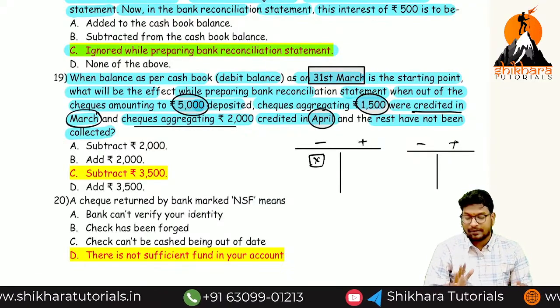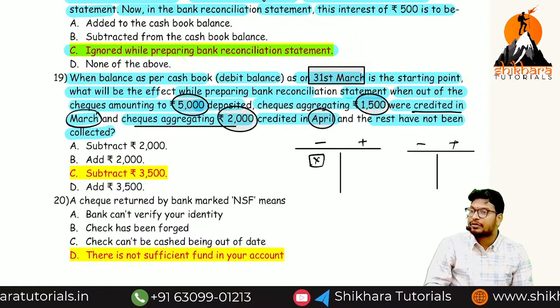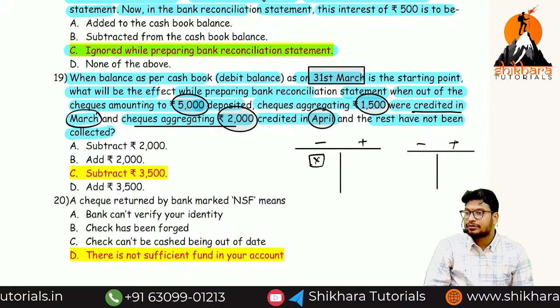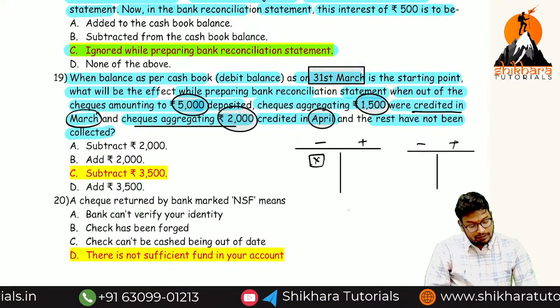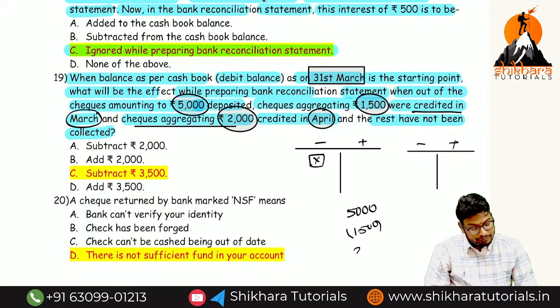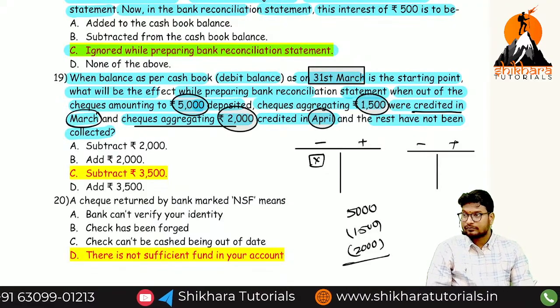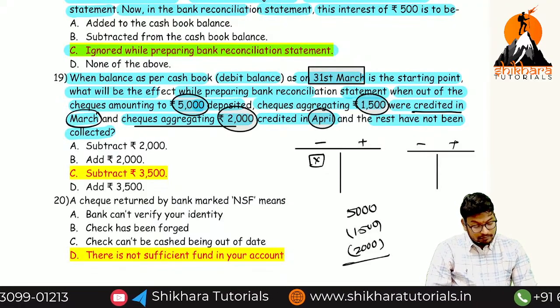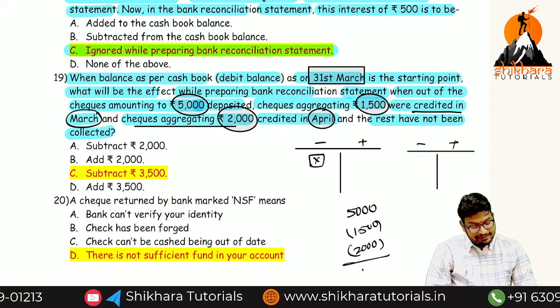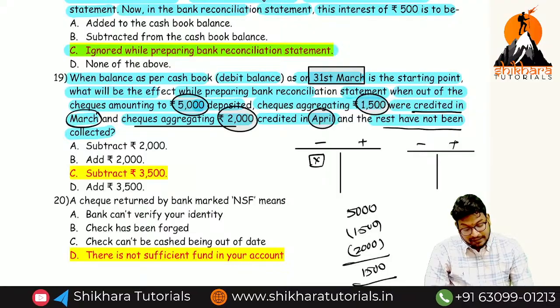Not happened. That means this 2,000 we have to consider as a difference. Out of the 5,000, if you remove 1,500 and 2,000, what is the balance? 1,500.